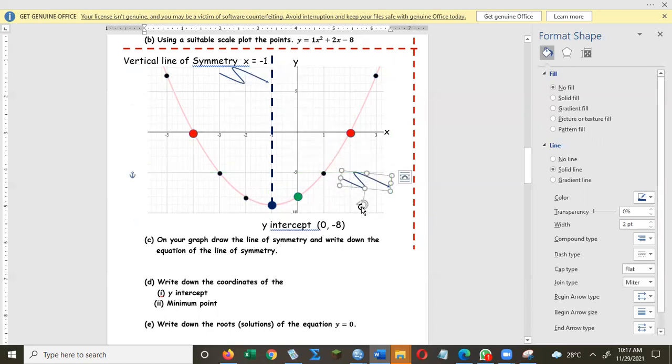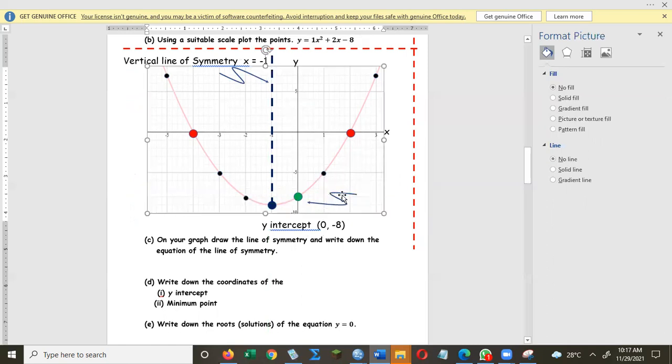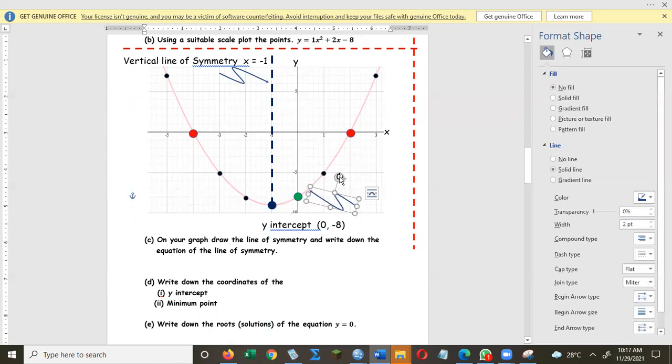So look, the y-intercept right there. There it is, the y-intercept: 0, comma, -8.